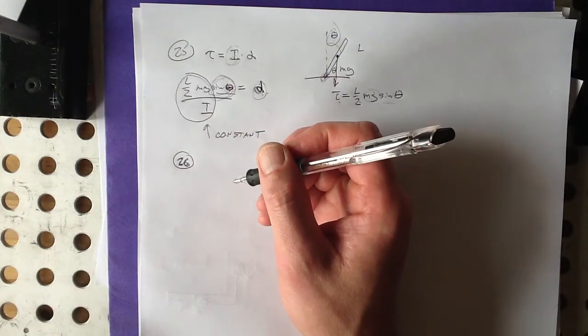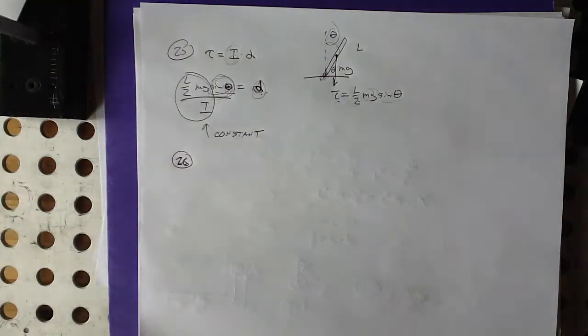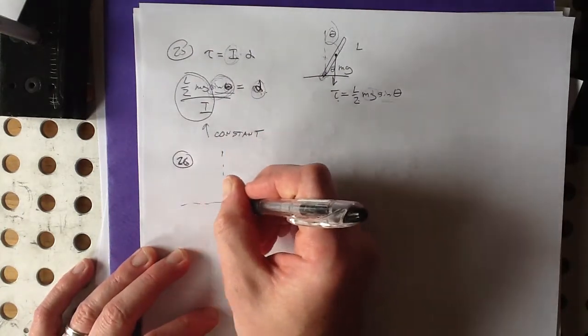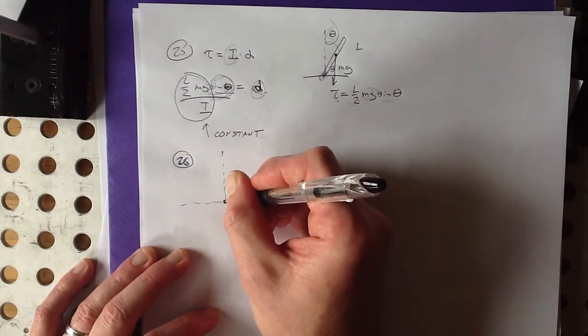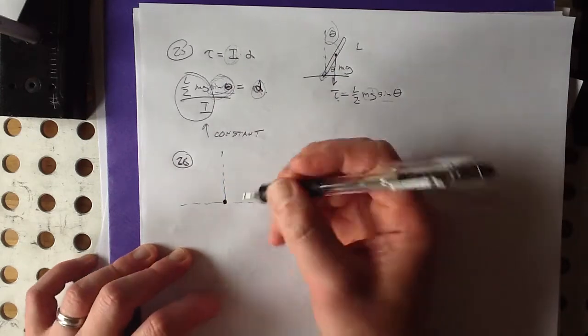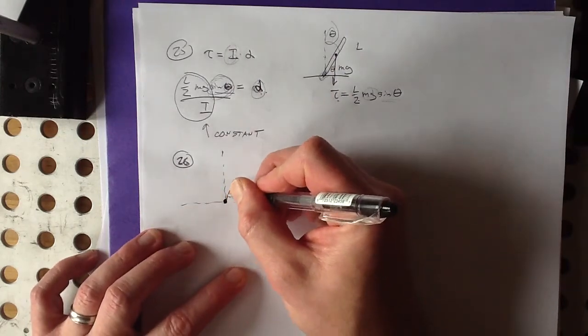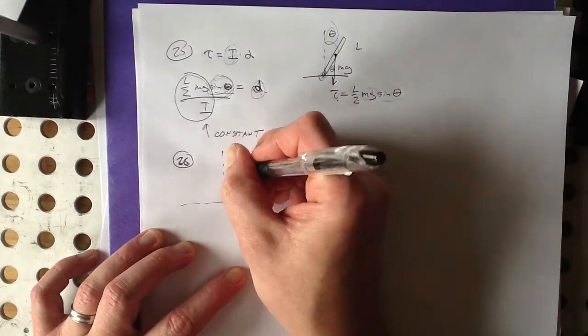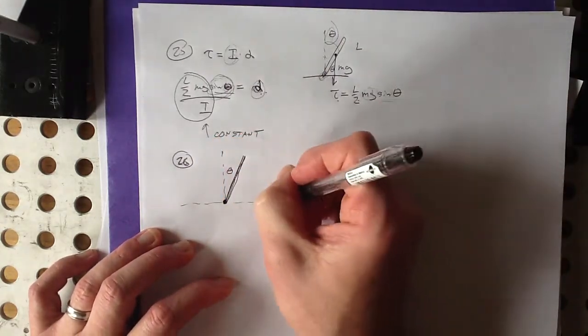So let's think about what's happening. We want to know, as a function of time, what the angular velocity is. So the bar is displaced a little bit, and it starts to go down, and it hits the ground.